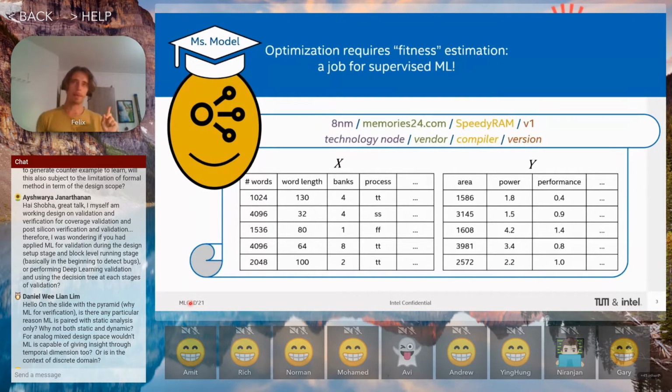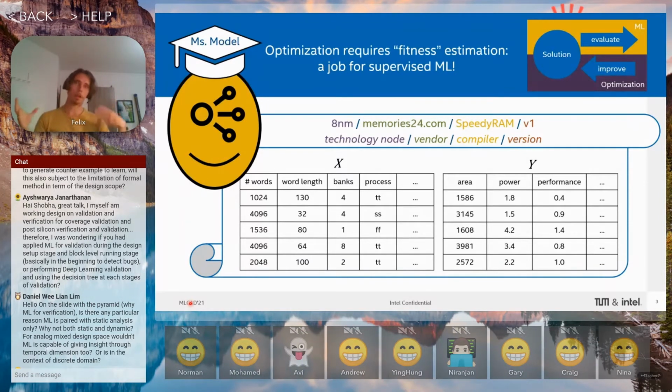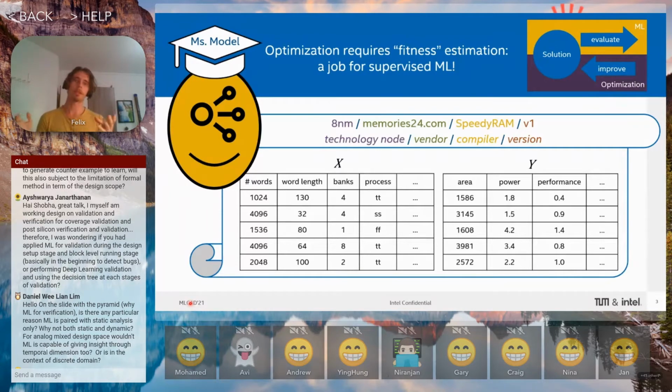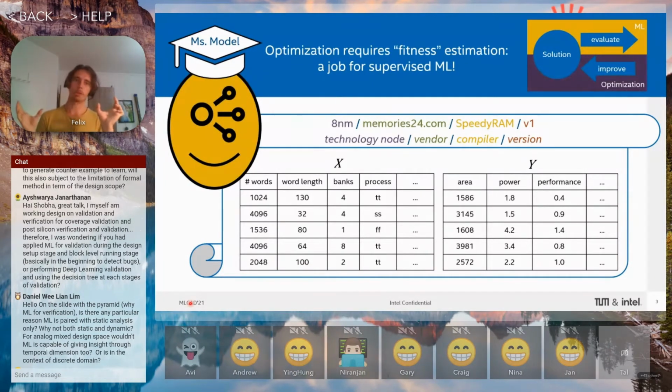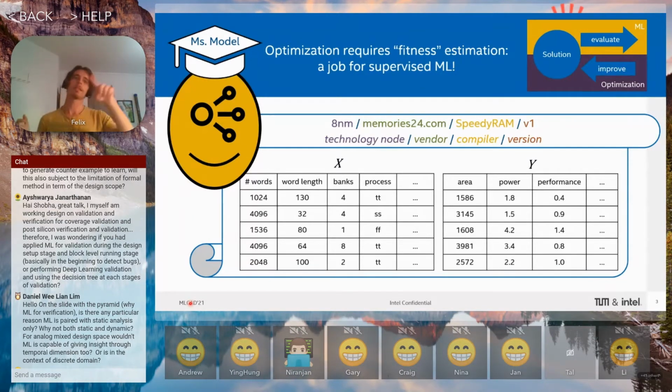Now, I want to make sure that what's clear here is that we're looking at a subsection of the problem. So overall, I said on the previous slide, we're trying to optimize the PPA of embedded memories. And now I'm telling you, well, this is supervised machine learning. Really, what I mean is, when we try to optimize, we have potential solutions to our optimization problem, which we, in a loop, evaluate and then try to improve a little bit until we evaluate again, and we keep going in this loop.